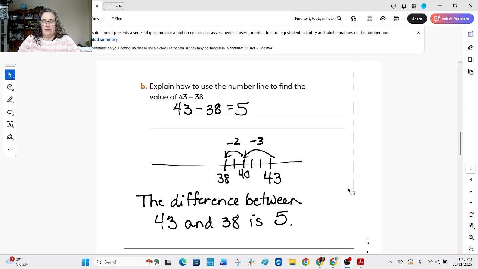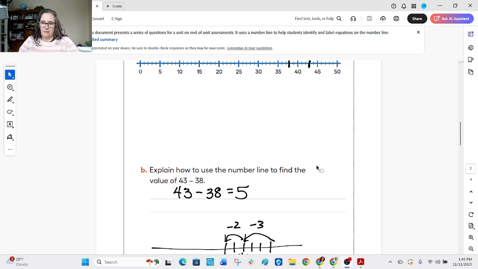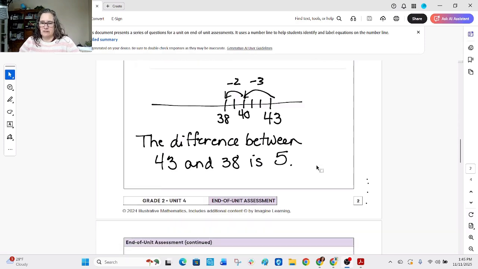And they might count that back, going back 5 all at once on the number line, or they might think of it as 3 to get to 40 and then 2 from 40 to 38. So thinking about crossing over that 10 and using a friendly number will be a really helpful strategy for students and may be helpful from the start. But with a small number like this, they might just count back 5.